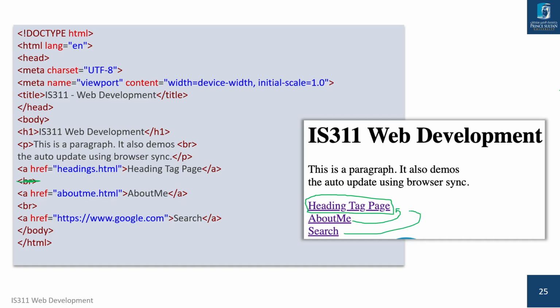But because I put a br, they are appearing on new lines. So when I click on this, it will try to open headings.html or about me.html and google.com for us.